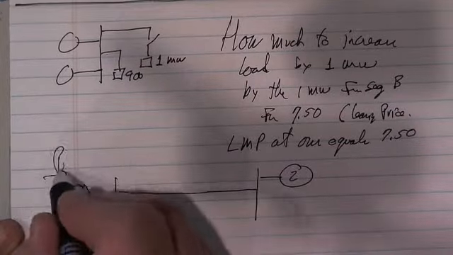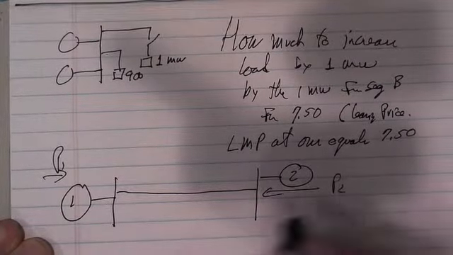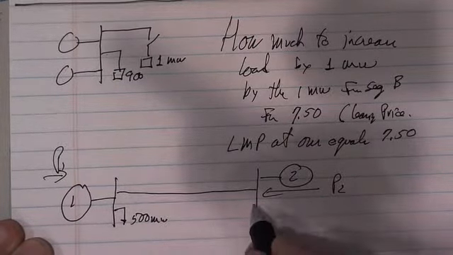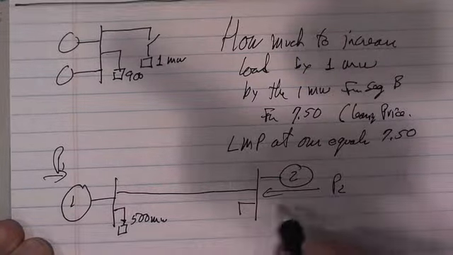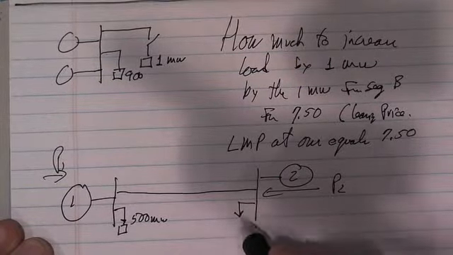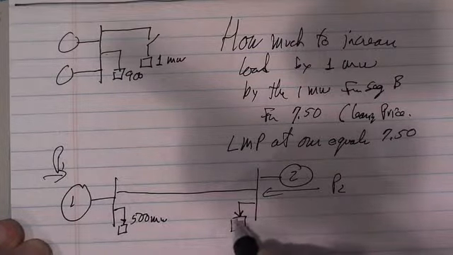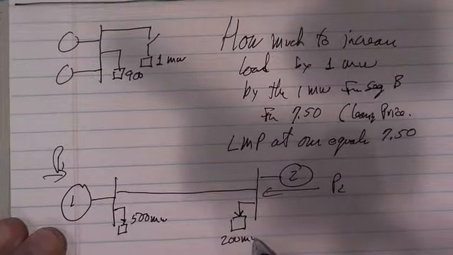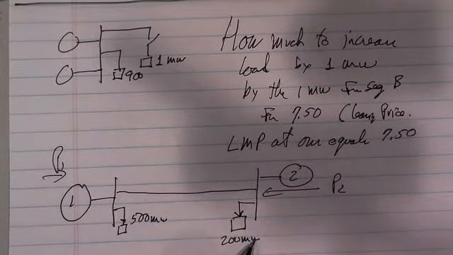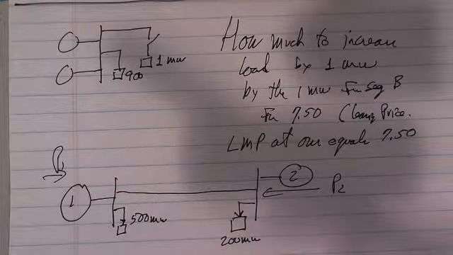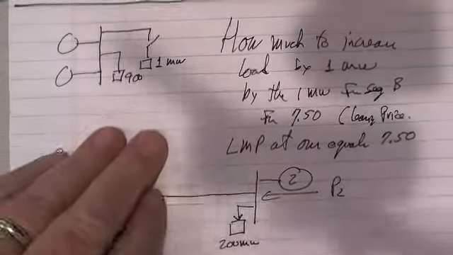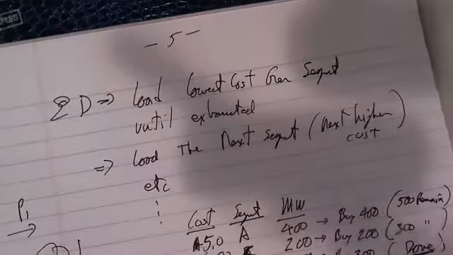So here's P1, P2. This load is 500 megawatts, and I have a load here. I used to just make the loads a little arrow, and then I thought, we're going to put a little box there that represents the load. So here's 200. So these are the loads, here and here, and here's the generation. But the solution is the same as long as I tell you that I can put whatever I want over the transmission line.